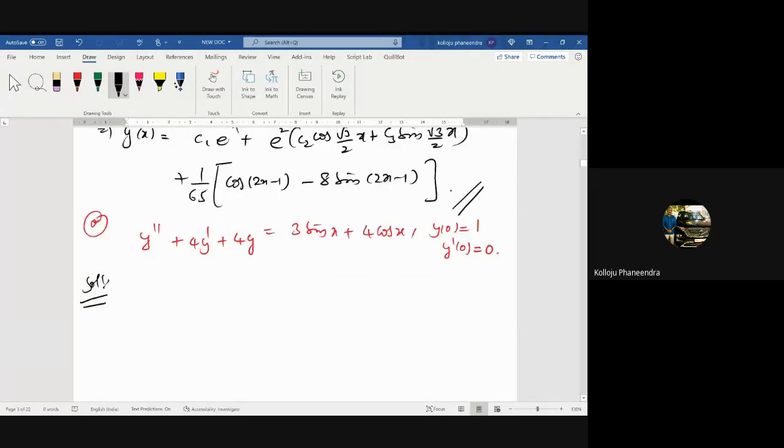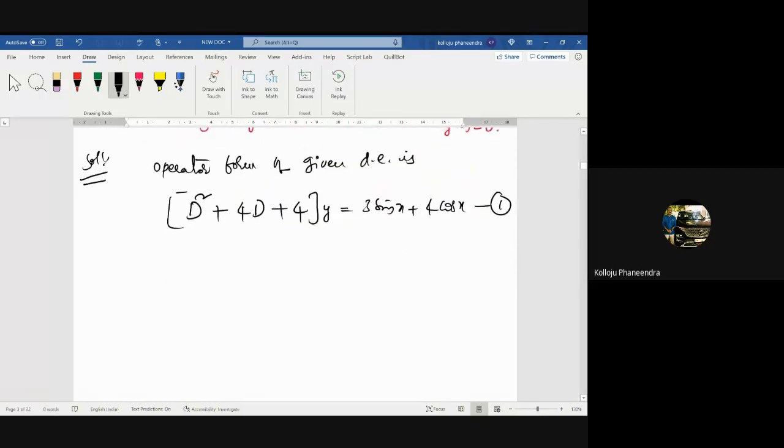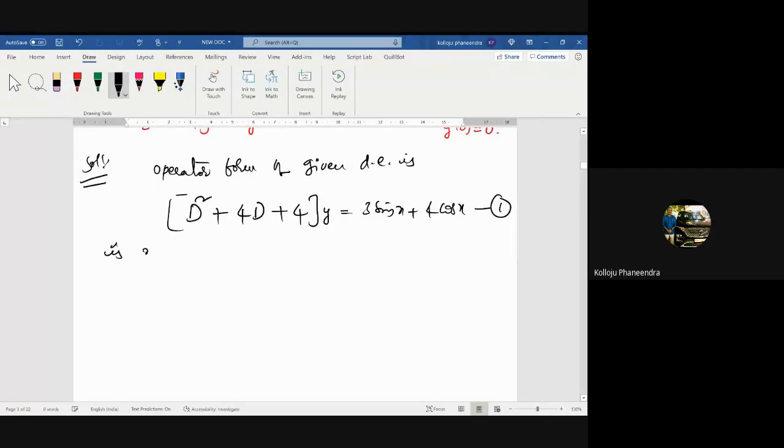First, write the operator form of the given differential equation: y double dash means d square, y dash means d, plus 4, y is common, equal to 3 sin x plus 4 cosine x. Equation 1. Same as usual, this is a non-homogeneous constant coefficient linear differential equation.